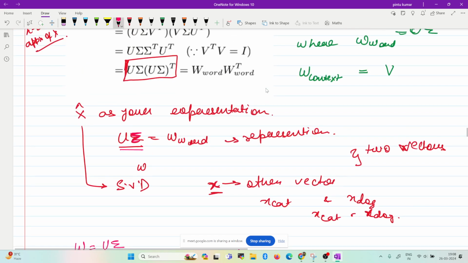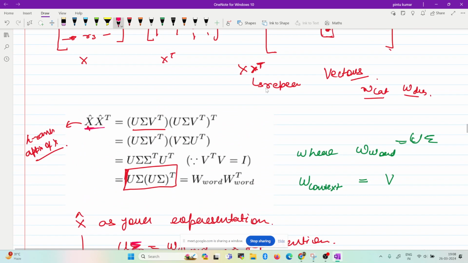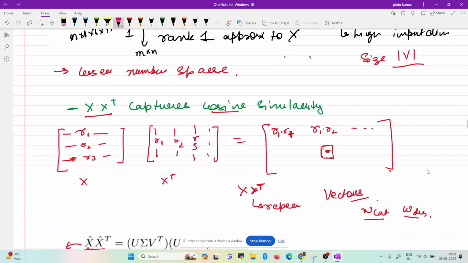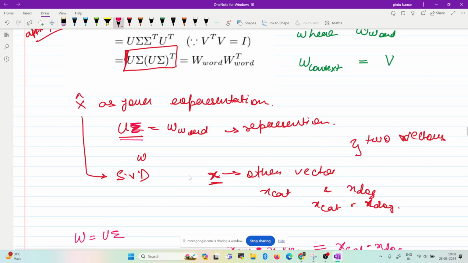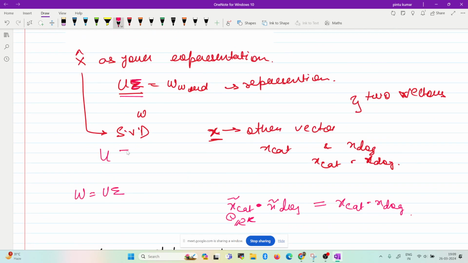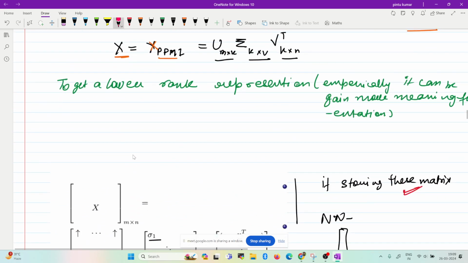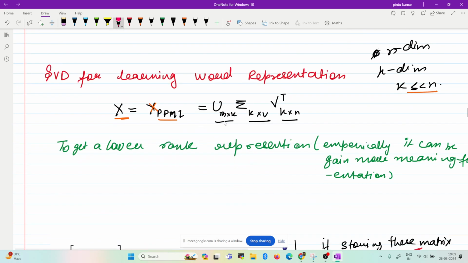Just a small recap: the x that you had, if you did singular value decomposition, was a low rank approximation, but their length was still n. But now if you just take U sigma, your U is m cross k, and your sigma is k cross k.